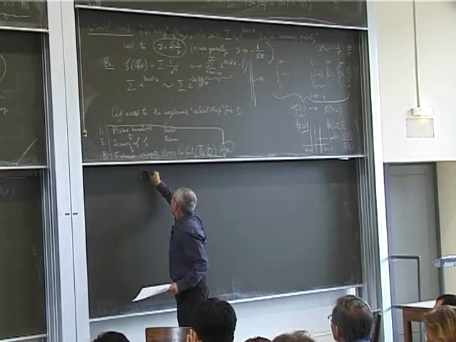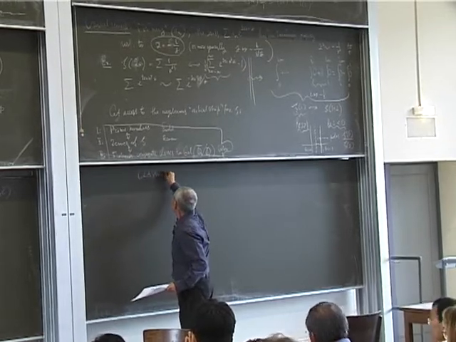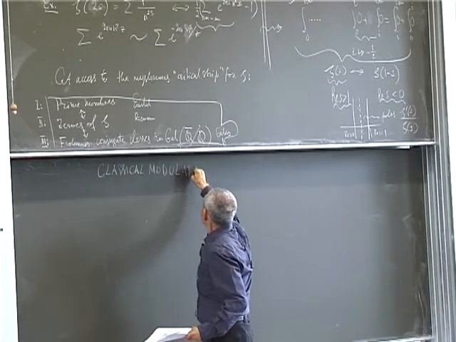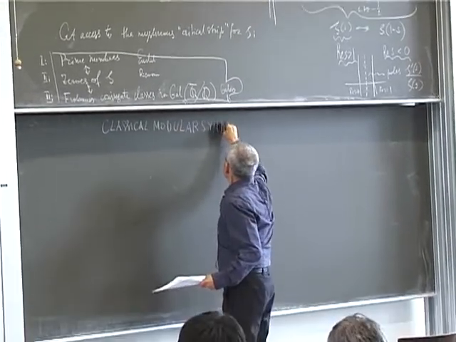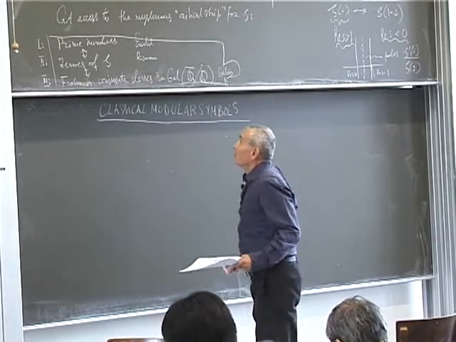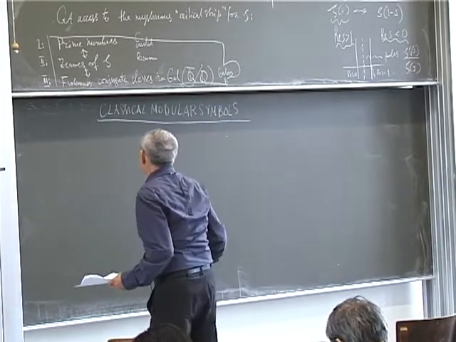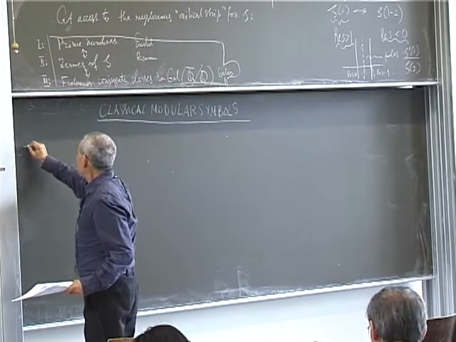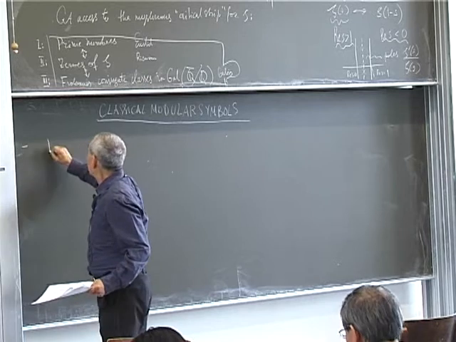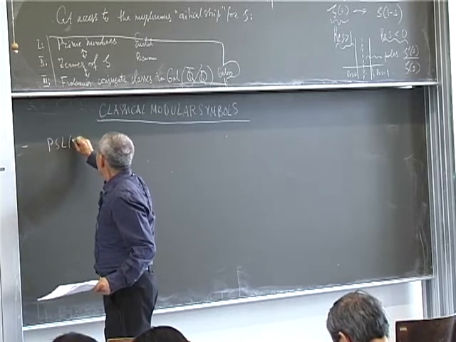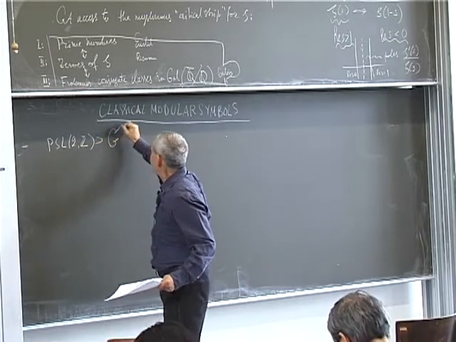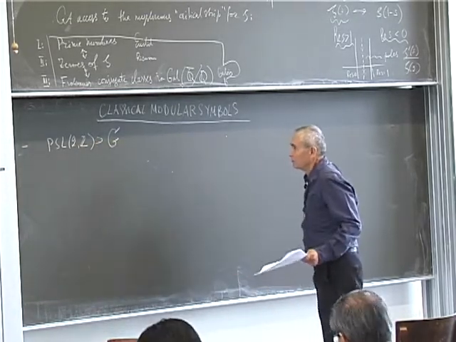Now, classical modular symbols. So in the classical modular symbols, what you're doing is you're considering this group PSL2Z and subgroups of finite index G here.